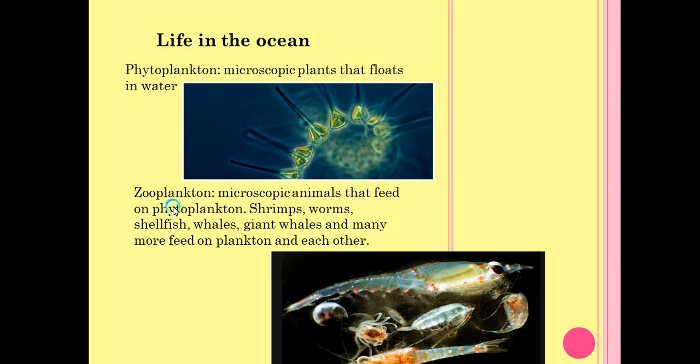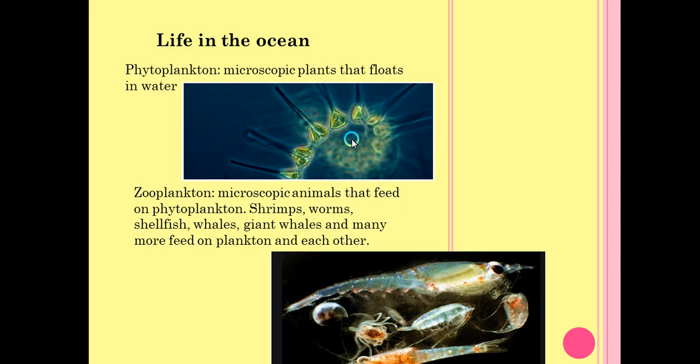Another life in the ocean is zooplankton. Zooplankton are microscopic animals that feed on phytoplankton. So these animals feed on this plant. Shrimps, worms, shellfish, giant whales, and many more feed on plankton and each other.